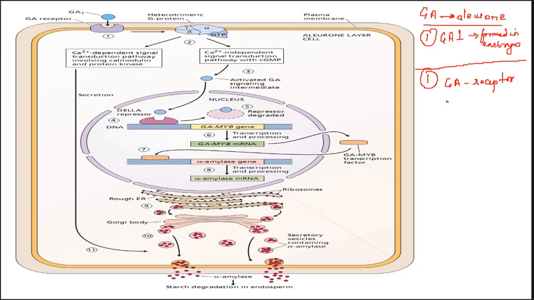Then the GA receptor complex, R for receptor, will interact with the heterotrimeric G protein, after which two separate signals were seen, calcium independent and calcium dependent.